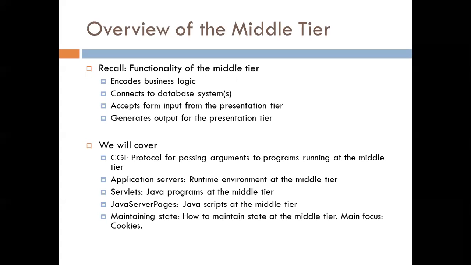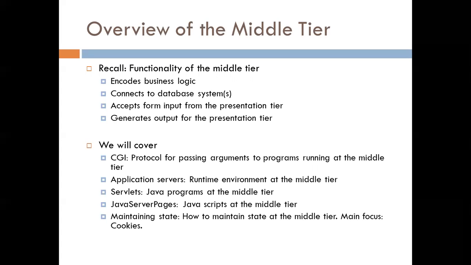It interacts with the database on one side. On the other side, it accepts the input from the presentation layer or the user, and also generates the output for the presentation layer. So it takes the input from the presentation layer, processes it, then interacts with the DBMS, then the result from the DBMS it again processes and generates the output for the presentation layer.